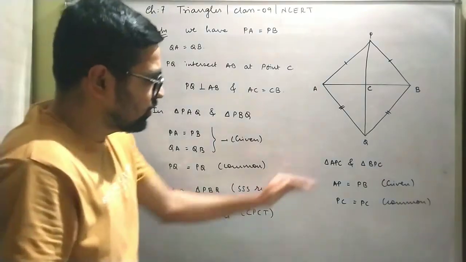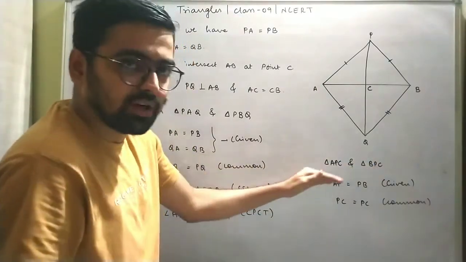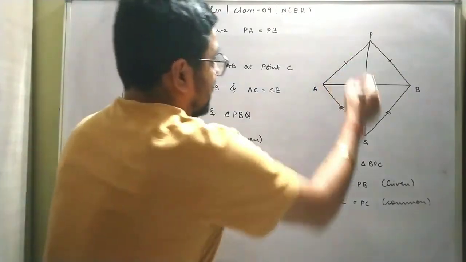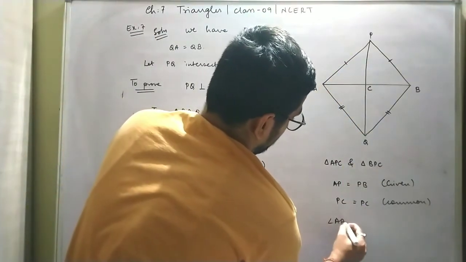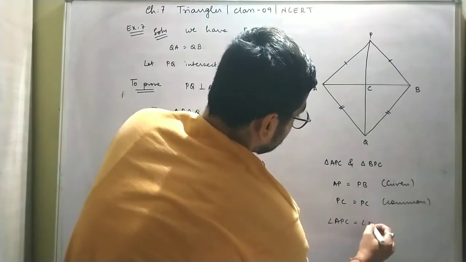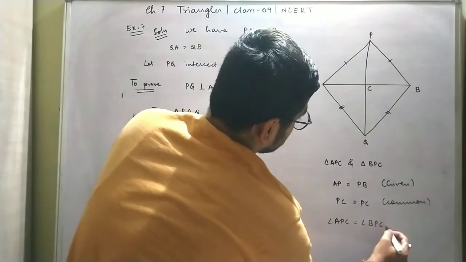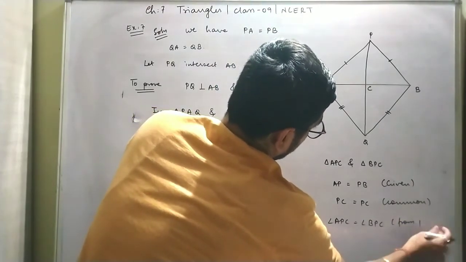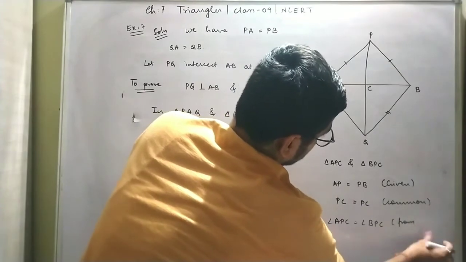Correct? So now I am going to take this triangle. That's why I have written here. I know these two things. And from this over here, I know that angle APC is equal to angle BPC from above, or from CPCT. Correct?